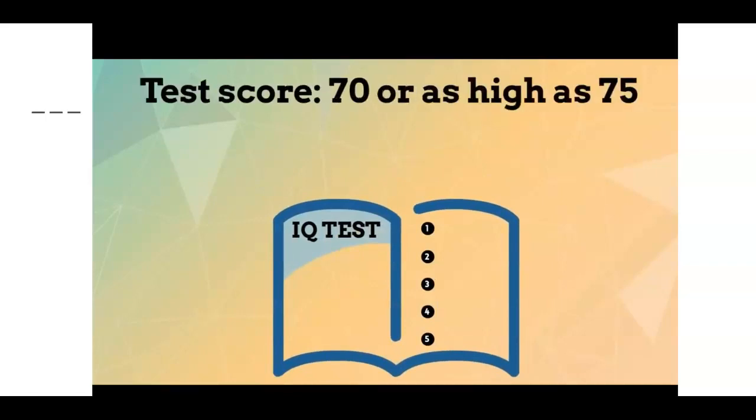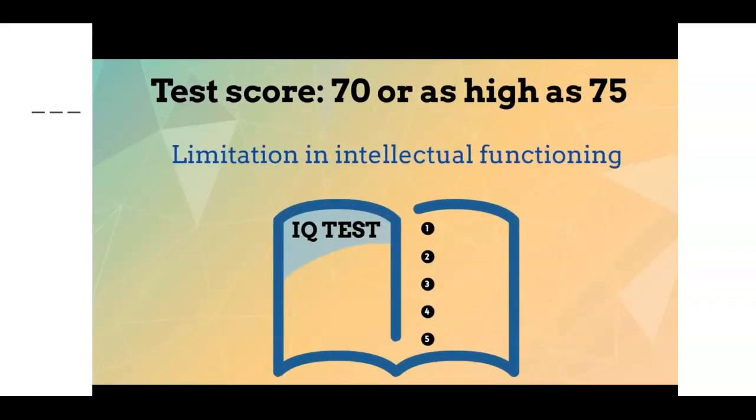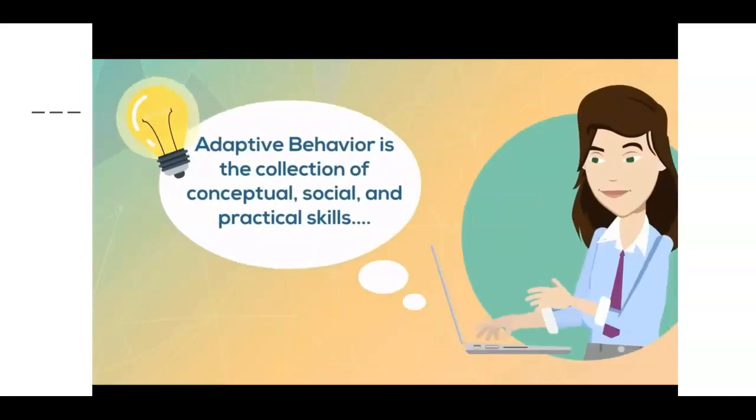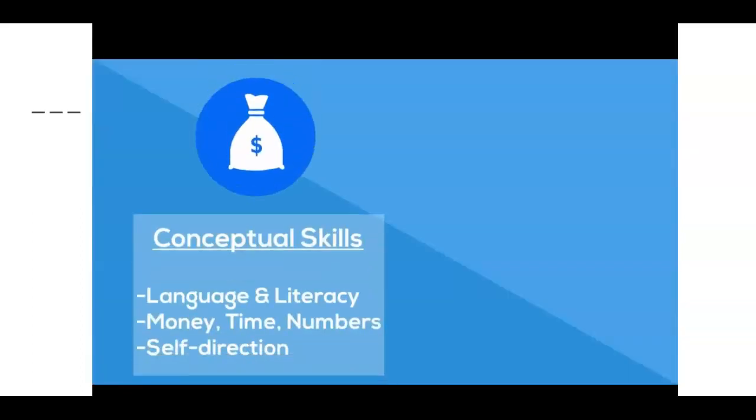One way to measure intellectual functioning is an IQ test. Generally, an IQ test score of around 70 or as high as 75 indicates a limitation in intellectual functioning. Adaptive behavior is the collection of conceptual, social, and practical skills that are learned and performed by people in their everyday lives. Conceptual skills include language and literacy, money, time, and number concepts, and self-direction.